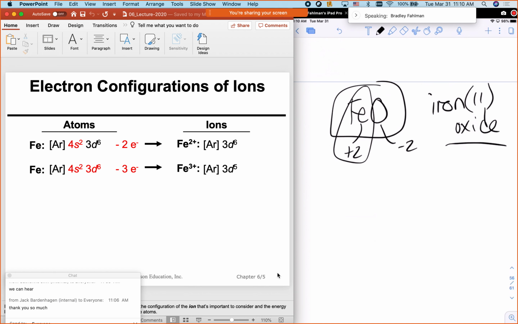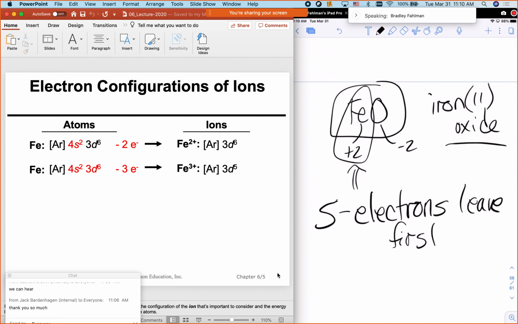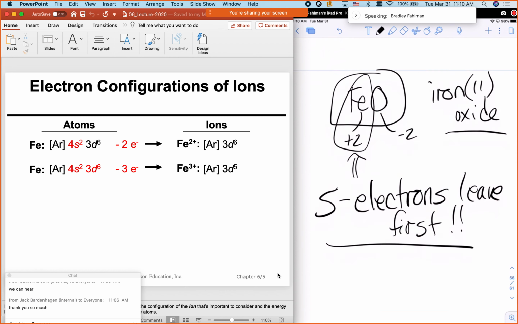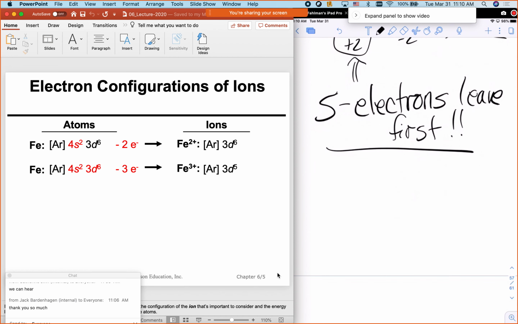Okay, and so when you have these transition metal ions, what's important to realize is that the s electrons leave first. Shown here is the electronic configuration for just the atom, which is what we did yesterday.